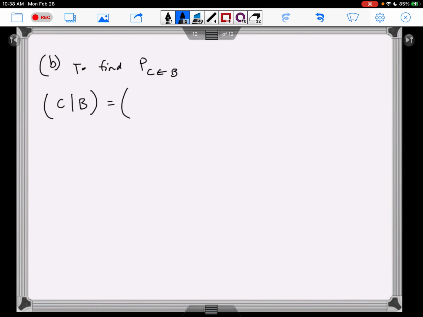So the column vectors for C were 7, 3, 4, 2. And then for B, it was 1, 2, 3, 4. So there's the change of basis matrix from B to C.